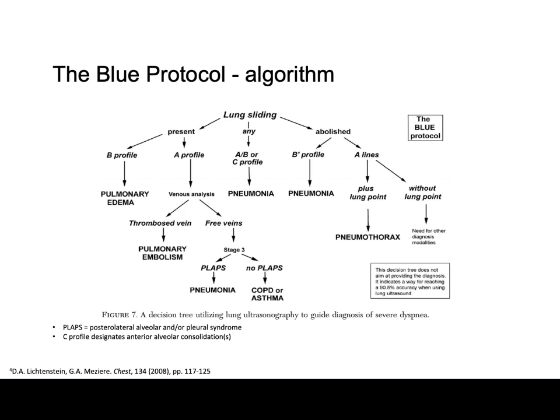If there is no lung point seen, then the patient needs additional diagnostic modalities to further evaluate for the potential pneumothorax or atelectasis. It is important to note that this particular decision tree does not aim at providing the diagnosis, but indicates a way for reaching almost 91% accuracy when using lung ultrasound.